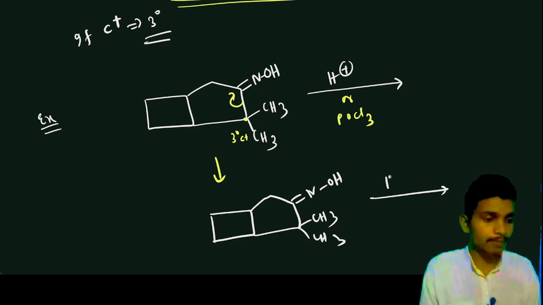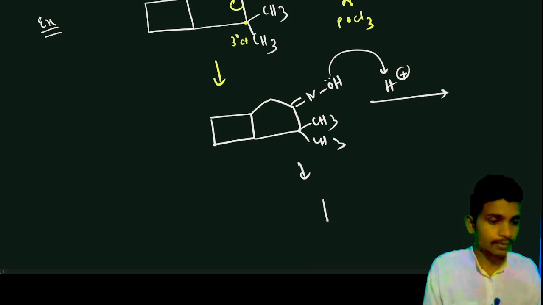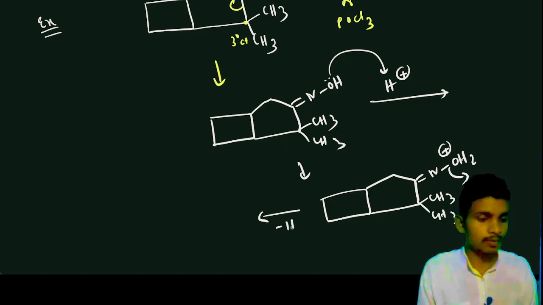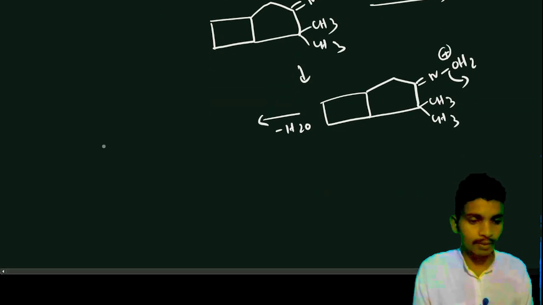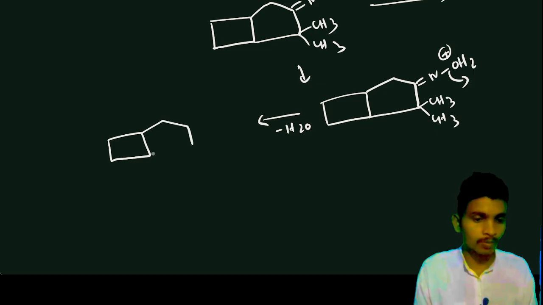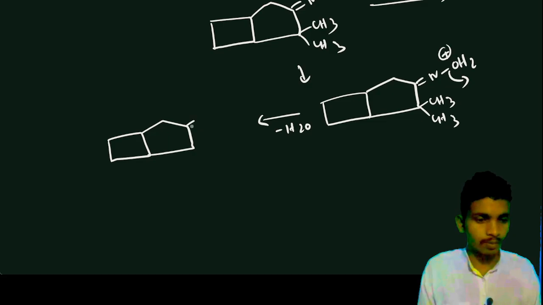So what we get here is N with OH2 positive charge, with CH3 and CH3. Then the water will leave. So then what we get now is N with a positive charge, and here we have CH3 and CH3.